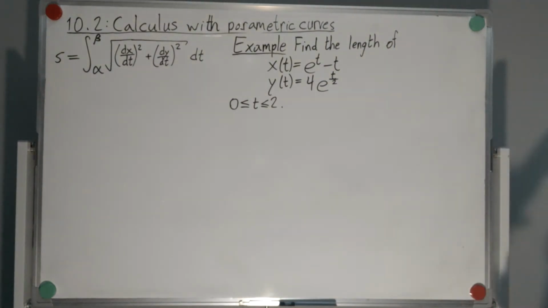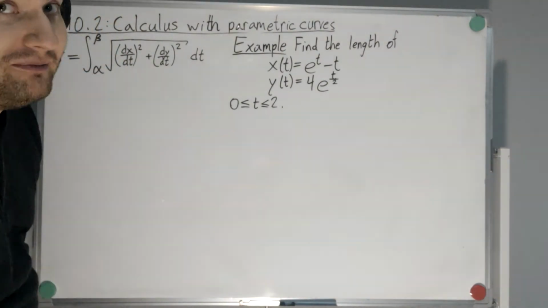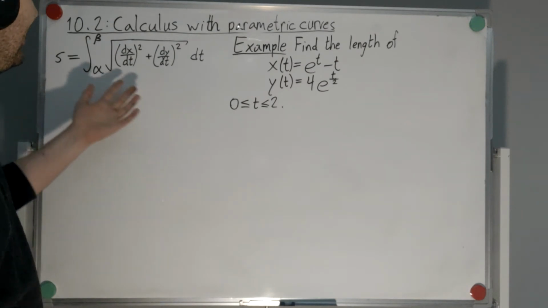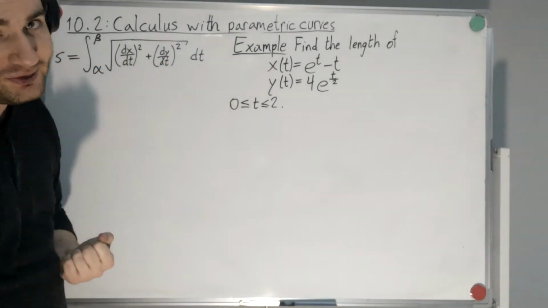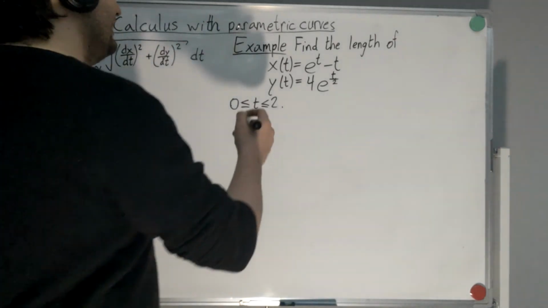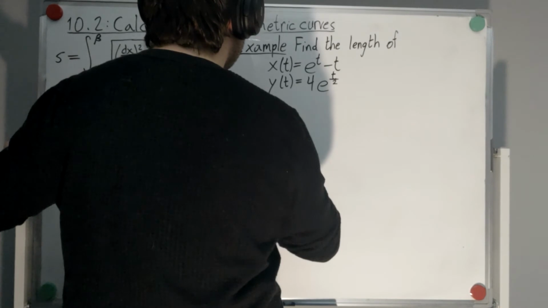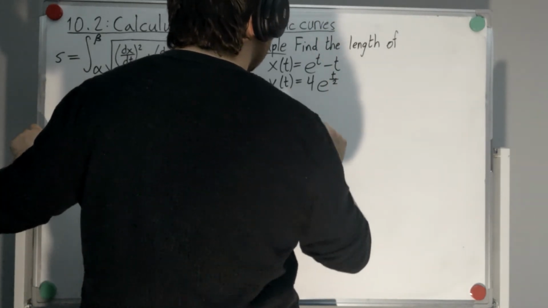Okay, well, we have a formula for that. We just need to take the integral from 0 to 2 of the square root of (dx/dt) squared plus (dy/dt) squared. So dx/dt is going to be e to the t minus 1.